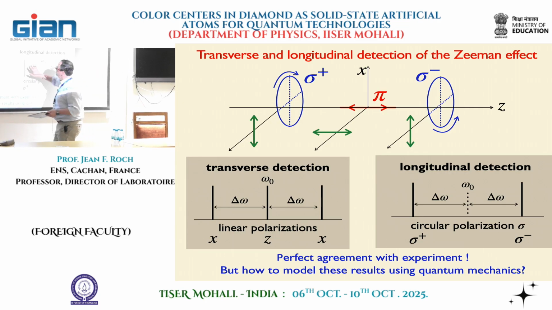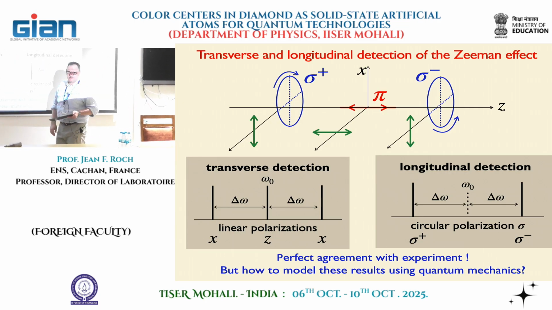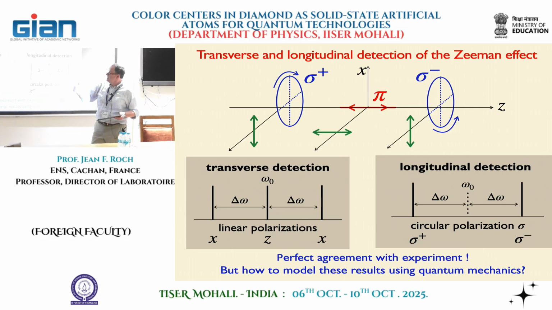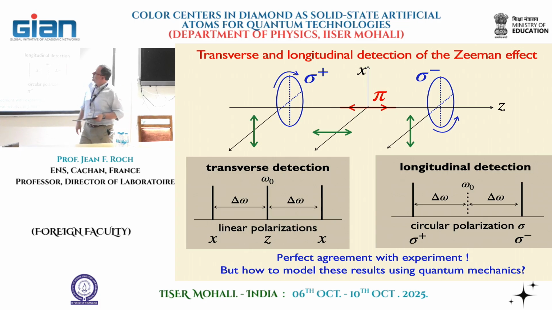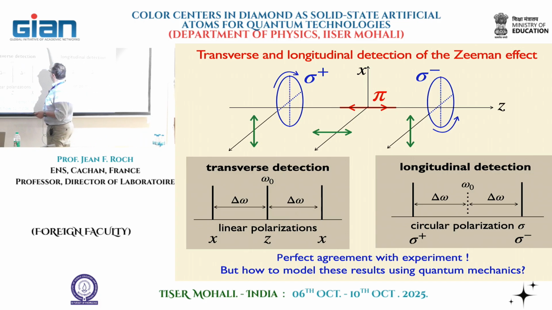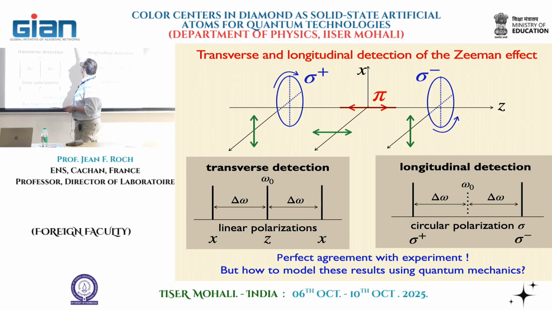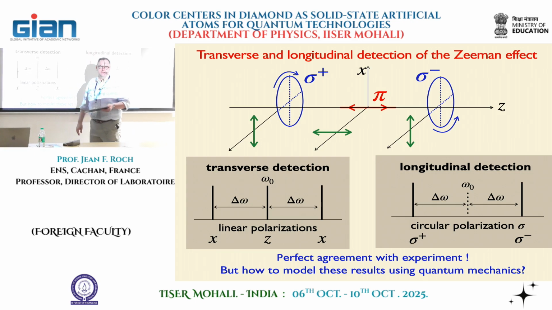And now, if we look transversely, the field is detected on this transverse detection. We now observe linear polarization here, perpendicular linear polarization here, and linear polarization from this dipole.